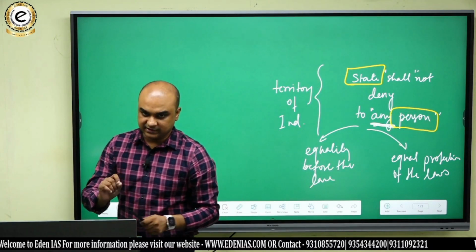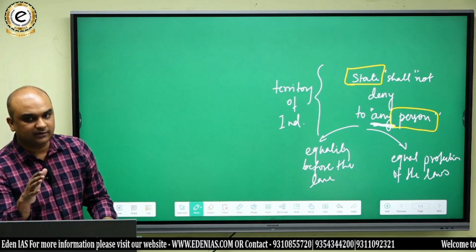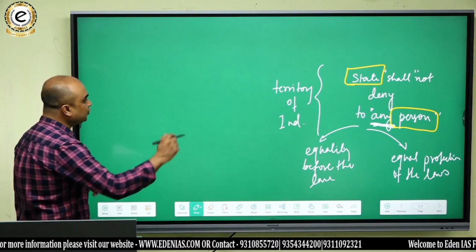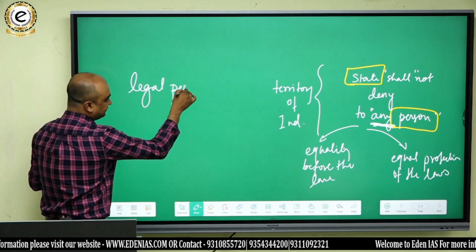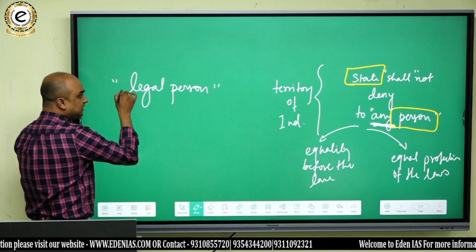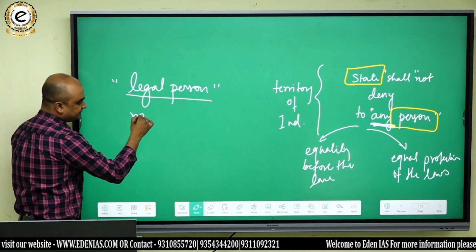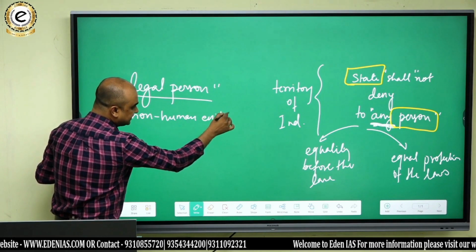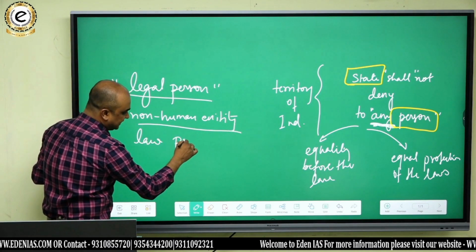The word person not only includes individuals, but the word person also includes legal persons. Now, what do you mean by this word, legal person? Legal person means any non-human entity to which the law attributes personality.